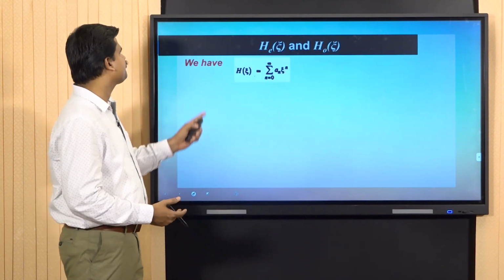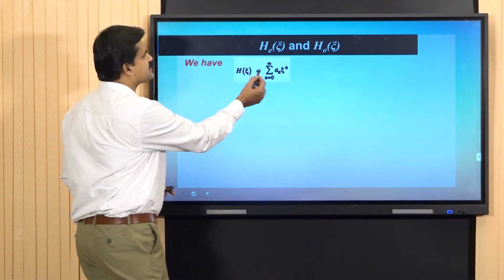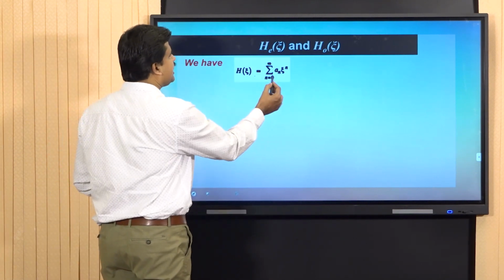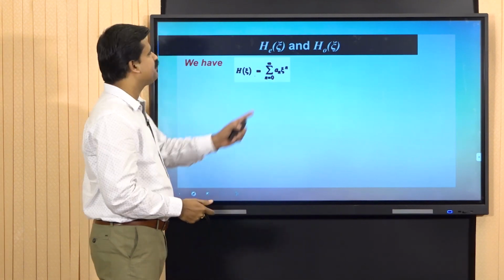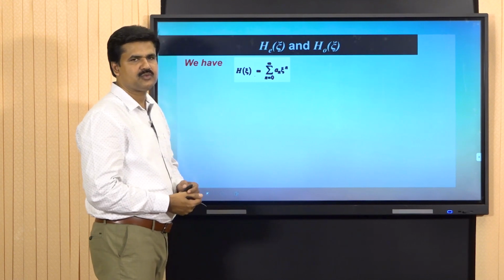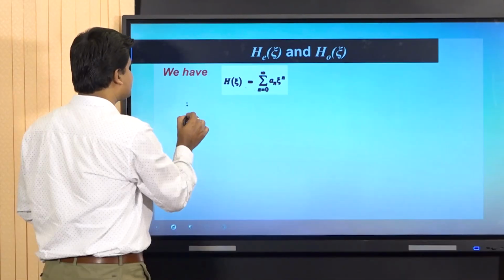We have this equation, that is equation 5. H psi is equal to summation n is equal to 0 to infinity an psi raised to n. Now we can expand this relation.